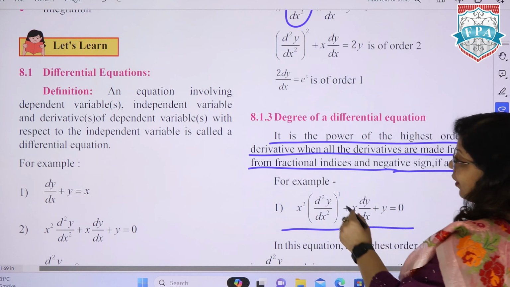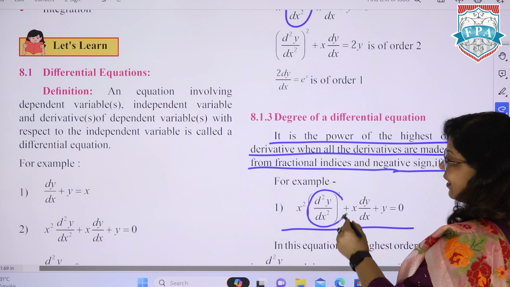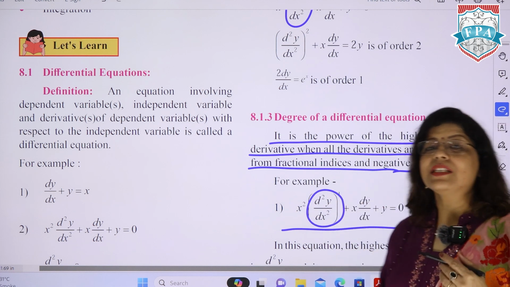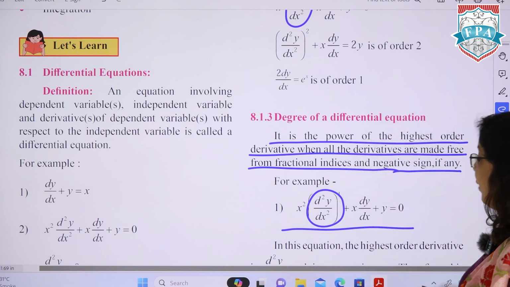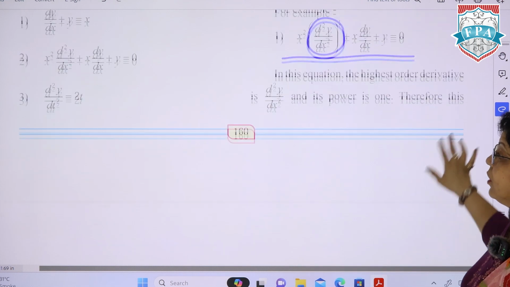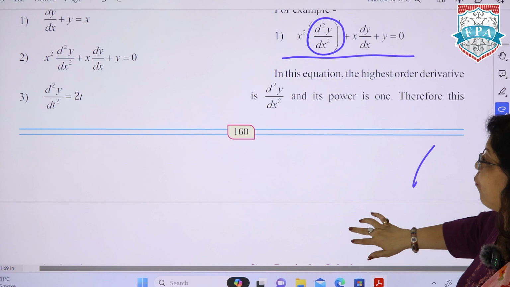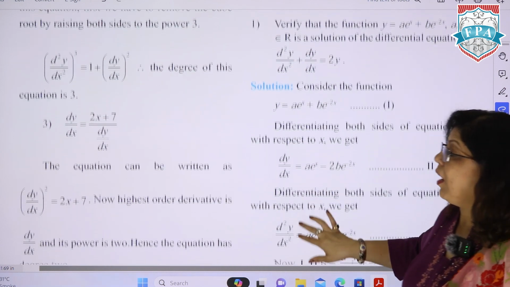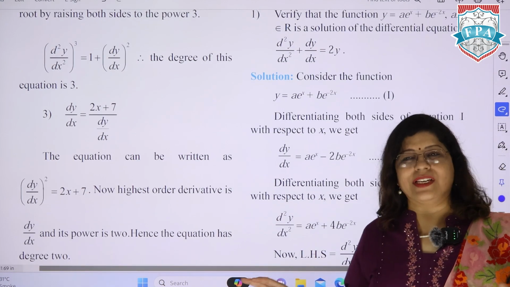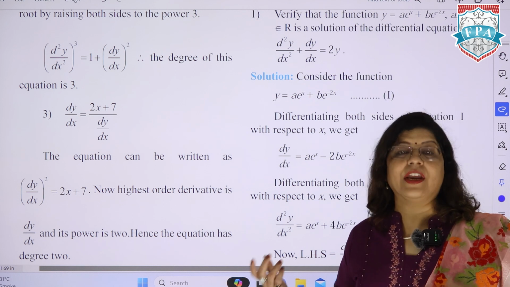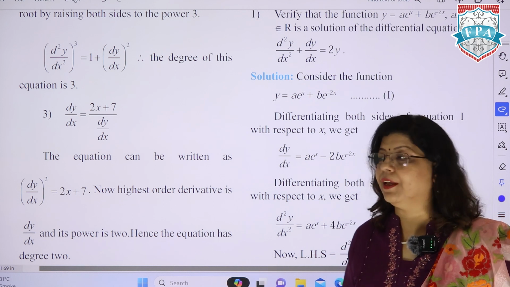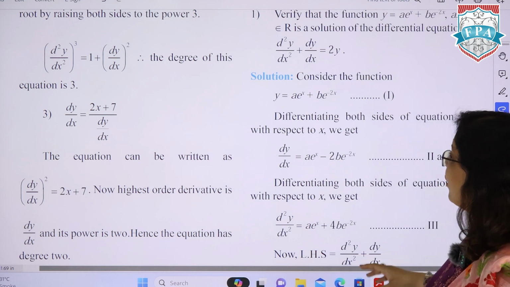Here the order is 2 because the highest derivative is d2y by dx square, and since the power of it is 1, the degree becomes 1. This question usually comes for 1 mark in MCQ. Always you'll see a 1 mark MCQ, or in a true false sort of question, you'll get a question on the order and degree of a differential equation.